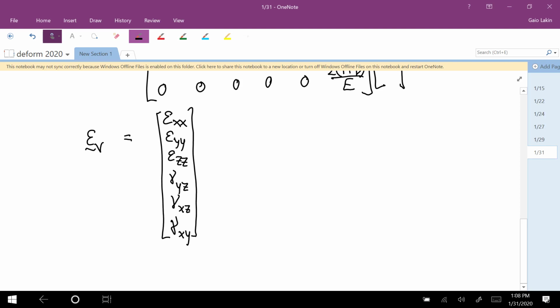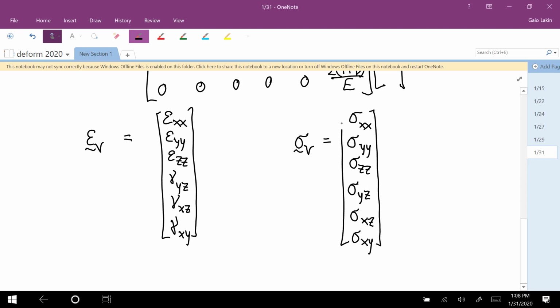With stress, though, there's a little wiggle room. So the Voigt stress is sigma XX, sigma YY, ZZ, and then you can keep writing sigmas: YZ, XZ, XY.